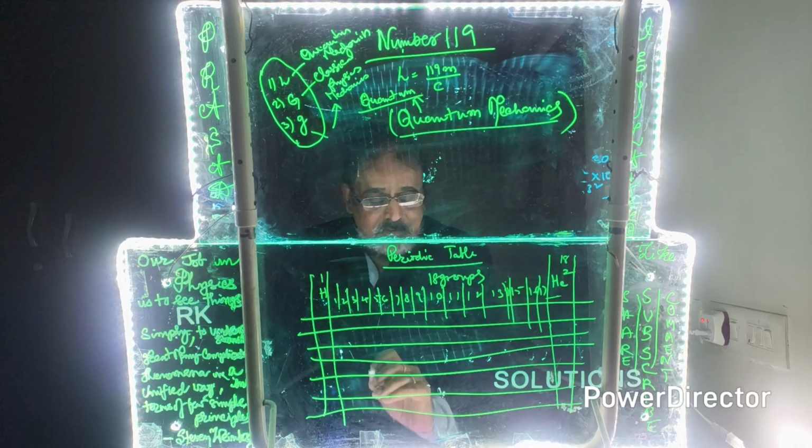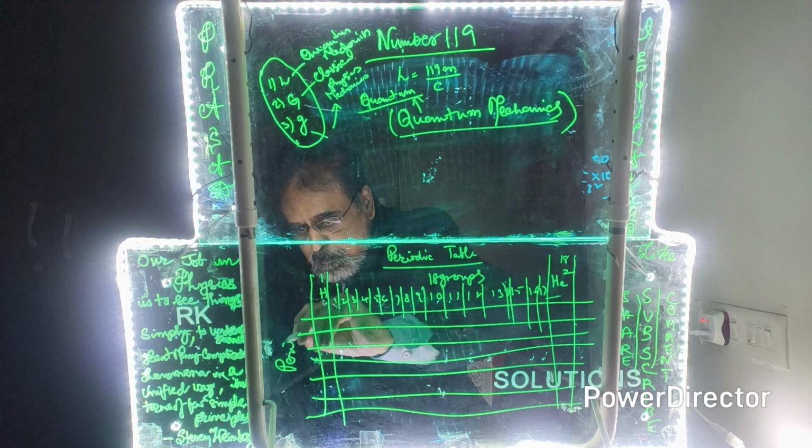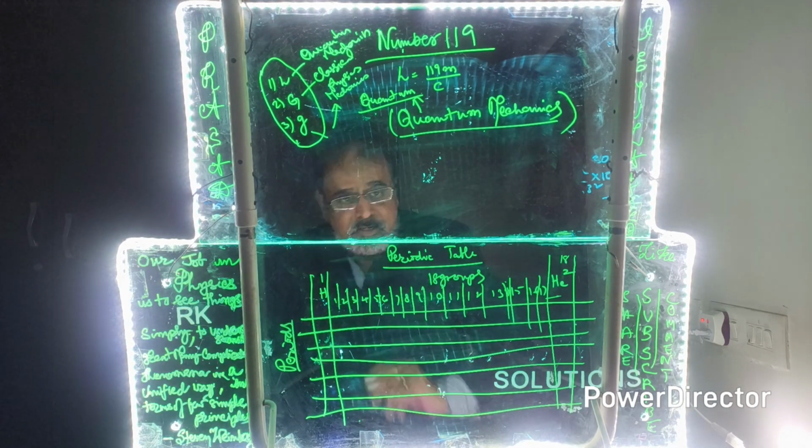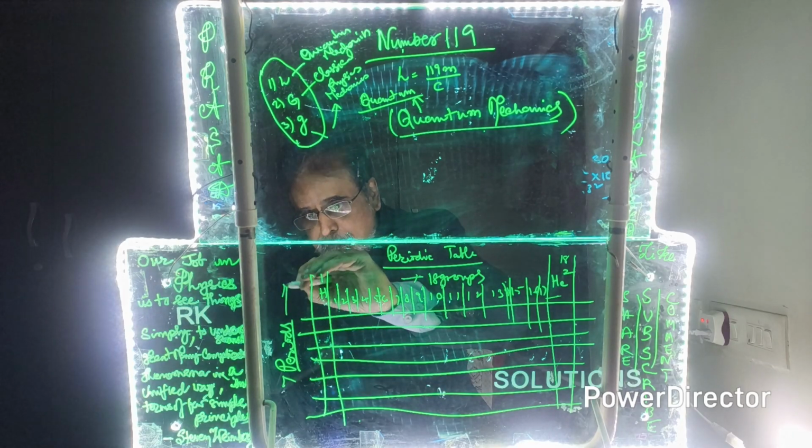These are the 7 periods, right? These are 18 groups. These are 7 periods.